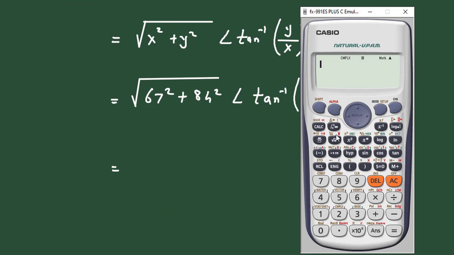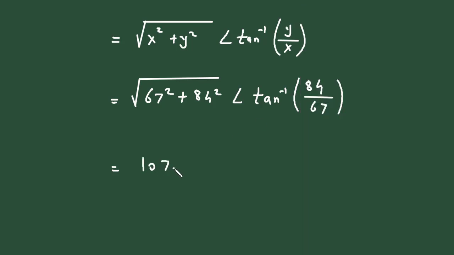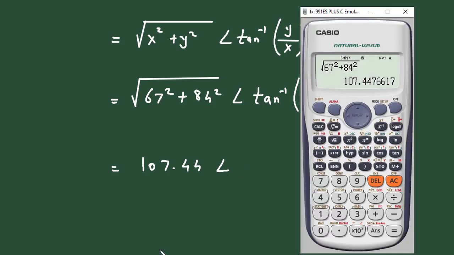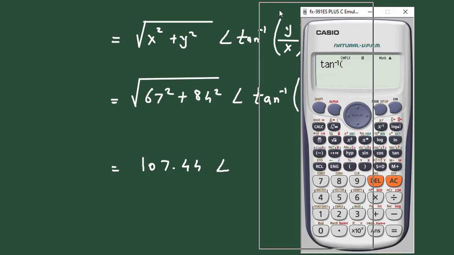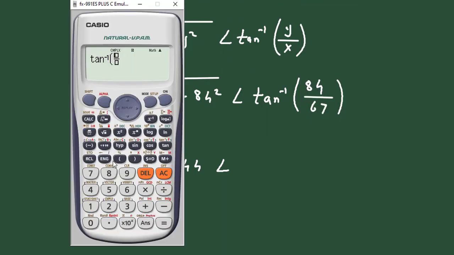So this will be under root of 67 square plus 84 square. So it is 107.44 at an angle tan inverse of 84 divided by 67.